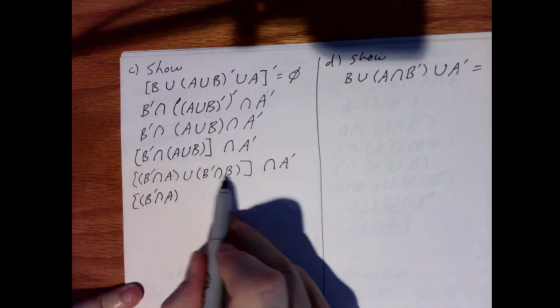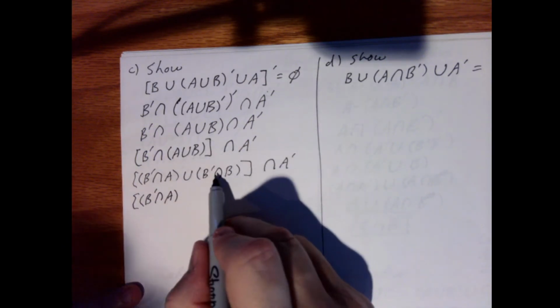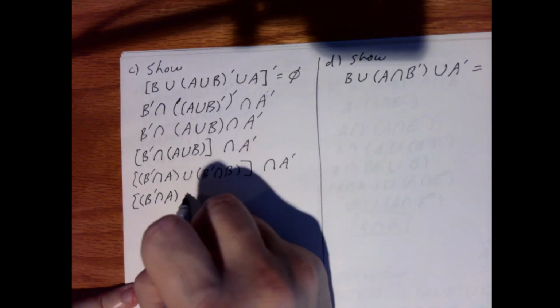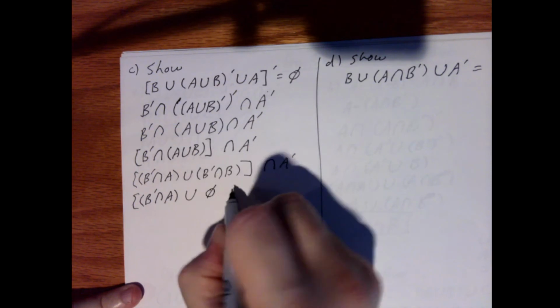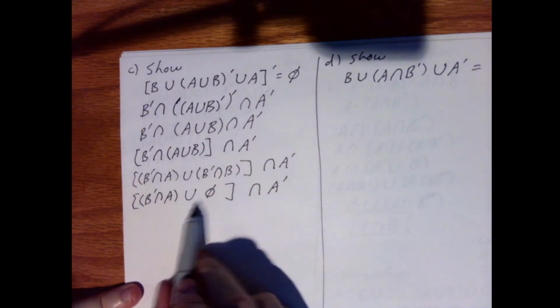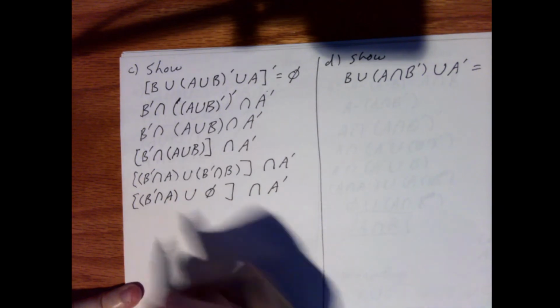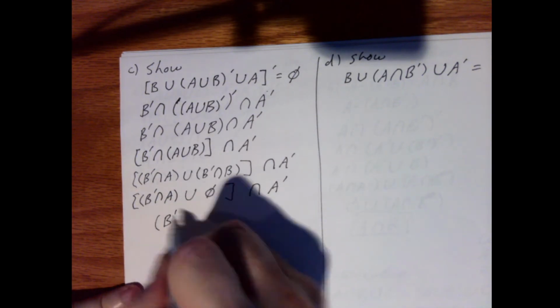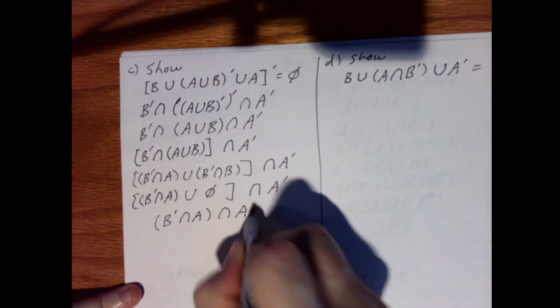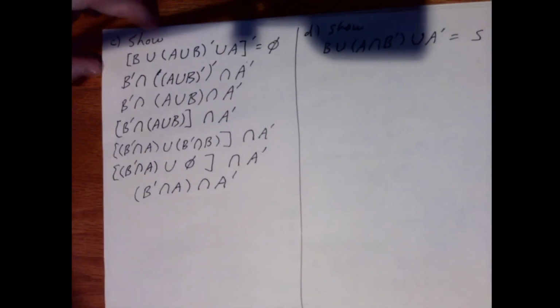And the union of that with this, well, this is the intersection of the complement of B with B, which we already know is the empty set. We saw that before as well. Now I'm going to take the union of the empty set with this, which will just be this. I can drop the parentheses, or actually I'm going to regroup.